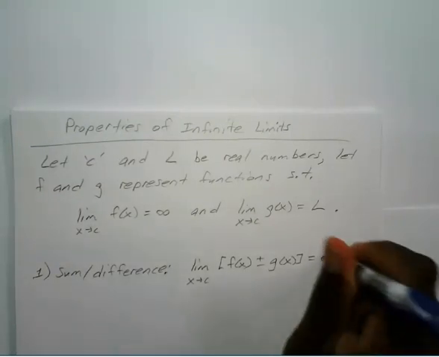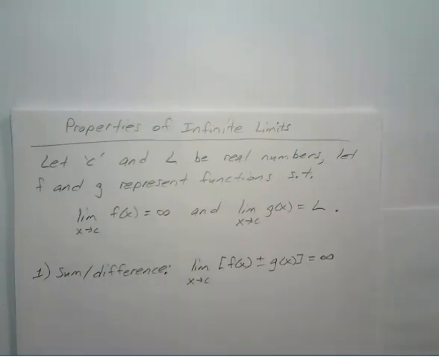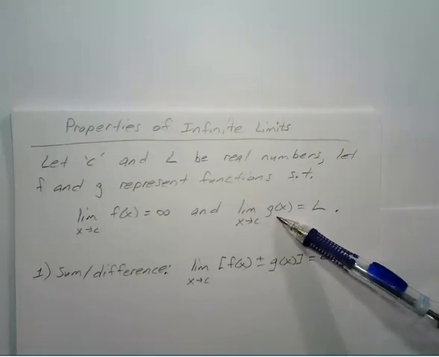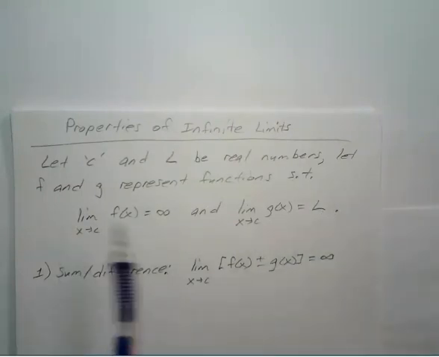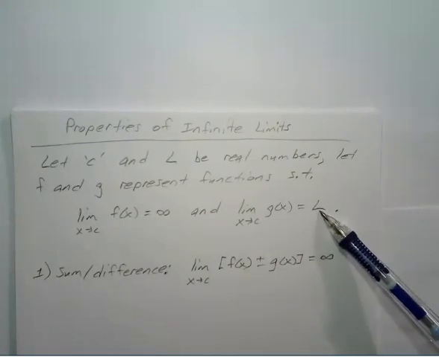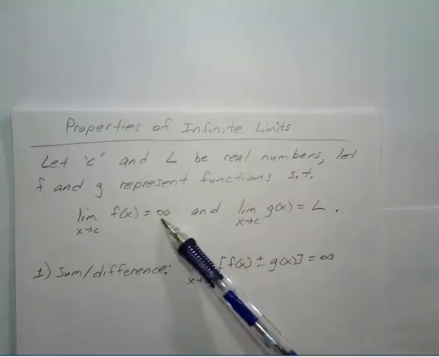So if you add a function that has a limit to a function with an infinite limit, it's just going to be an infinite limit. That's like saying if you have infinity plus 4, it's still going to be infinity.